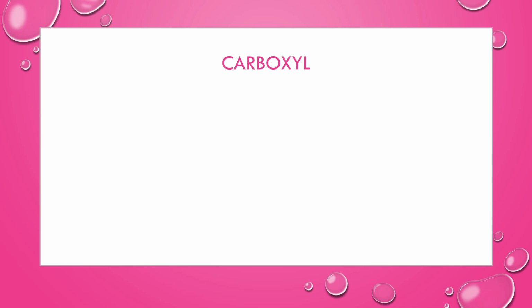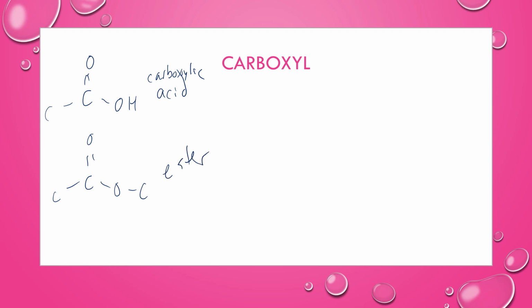Now, carboxyl refers to the C double bond O with an O as well, and there are 2 versions of that. There's an OH, which is a carboxylic acid, and if that's attached to another carbon, it is an ester. Okay.